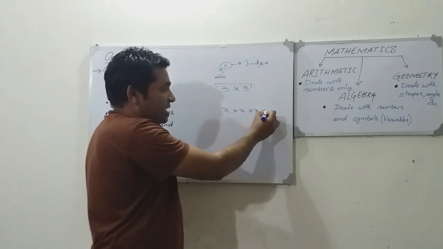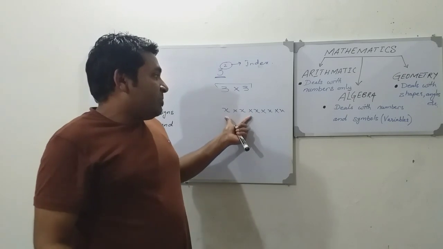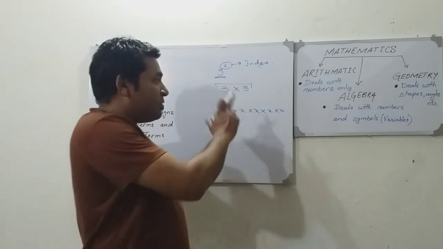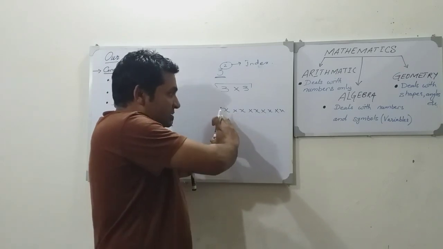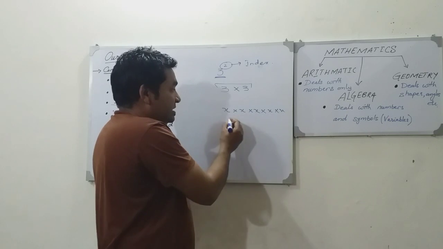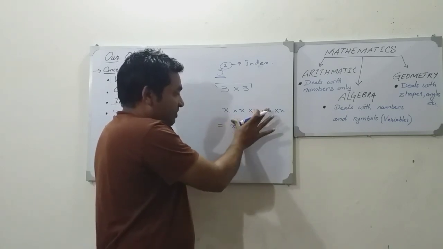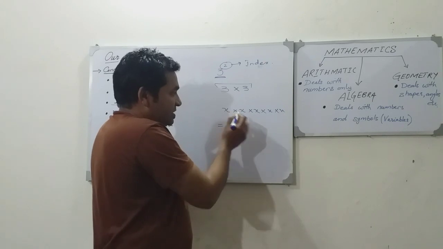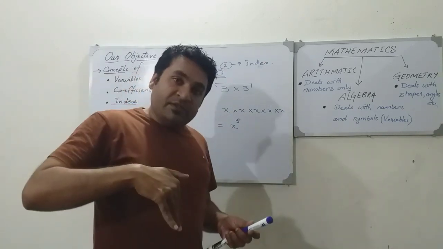For example, if we have x times x times x times x times x, x is multiplied with itself, and how many x do we have? 1, 2, 3, 4, 5. So instead of writing this long expression, we can simply write it as x raised to the power 5, which tells us that x is multiplying with itself.